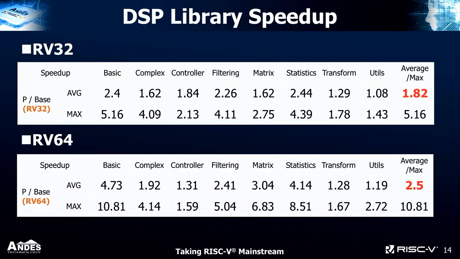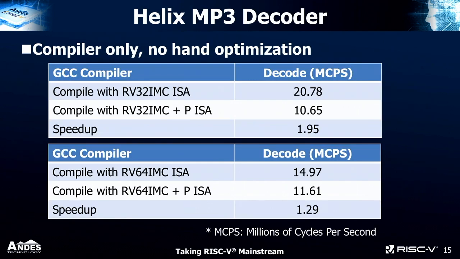Okay, we have tried the P extension instructions on several different benchmarks. This is a DSP library with more than 200 DSP functions covering 8 categories. In RV32, it has an average speedup of 1.82, and for RV64, an average speedup of 2.5. The maximum speedup is much larger, but it depends on the functions. We also tried the Helix MP3 decoder. This time we wanted to try the power of the compiler without hand optimization, using only compiler optimizations.